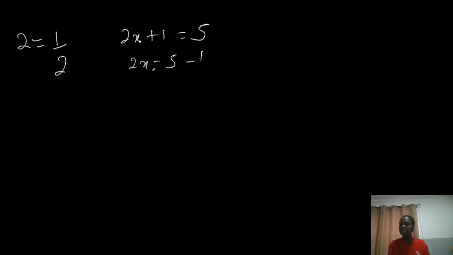And also if you have something like 2x is equal to 4, now 2 is multiplying here. If you want to send 2 to the other side, you will see that 2 goes to divide. So we say that subtraction is the inverse of addition and division is the inverse of multiplication.